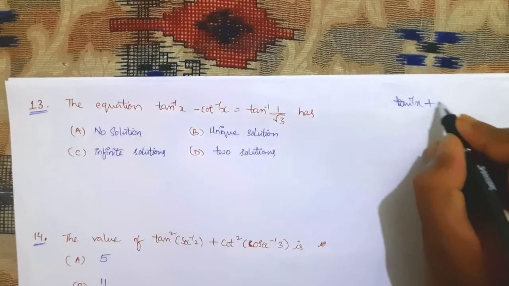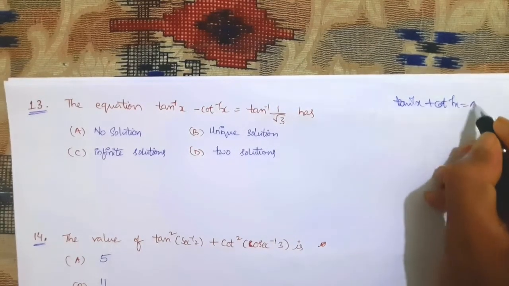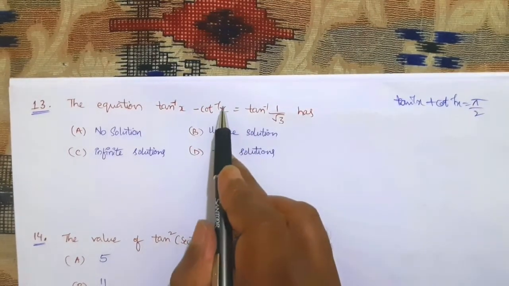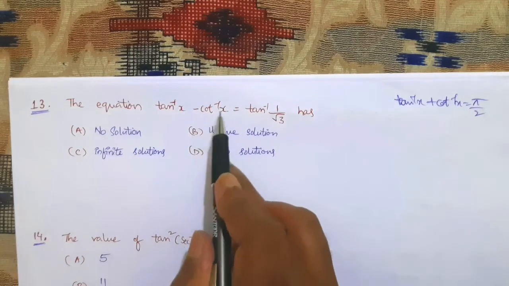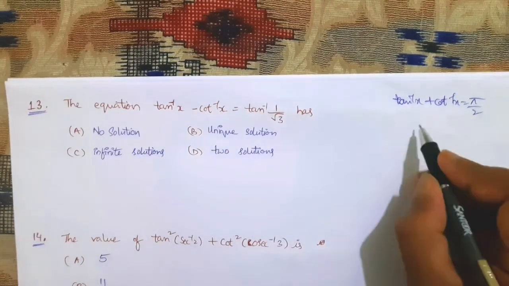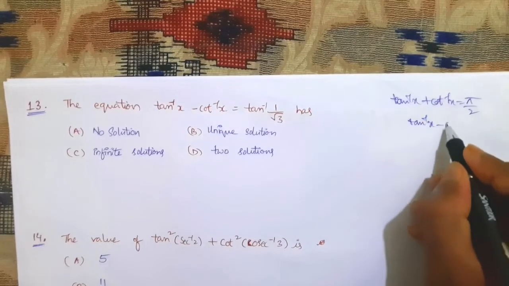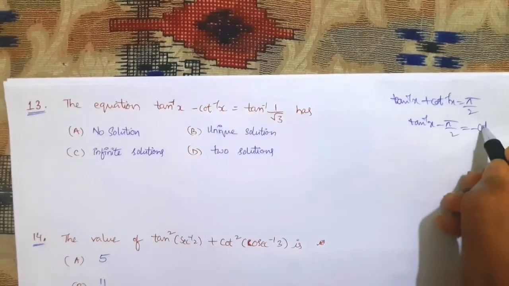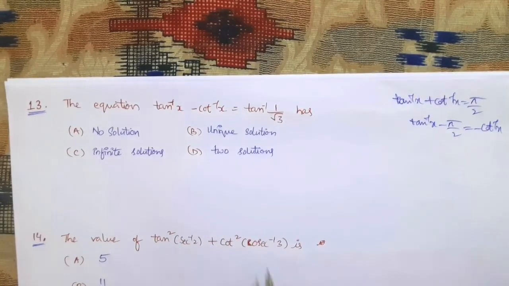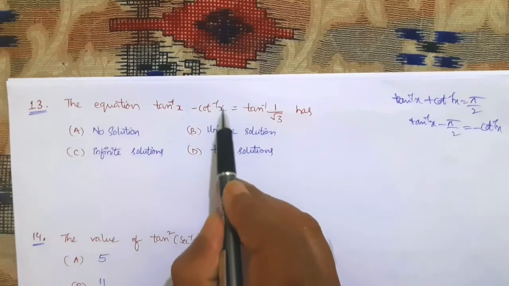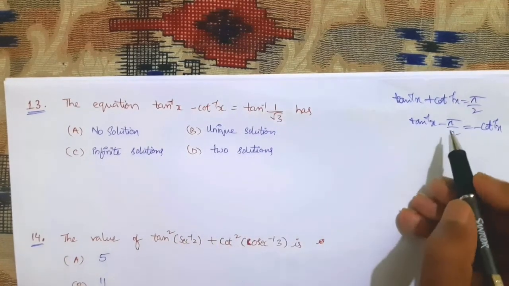So we know that tan inverse x plus cot inverse x is equal to pi by 2. That means this cot inverse we need to convert into tan inverse. So send cot inverse to that side: tan inverse x minus pi by 2 is equal to minus cot inverse x. So in the place of minus cot inverse x, we can substitute tan inverse x minus pi by 2.